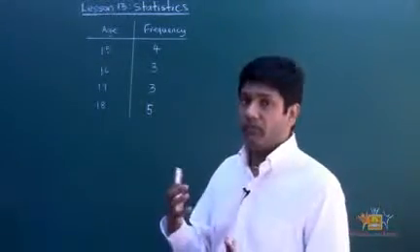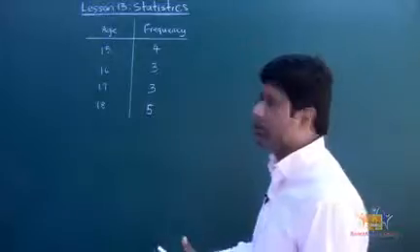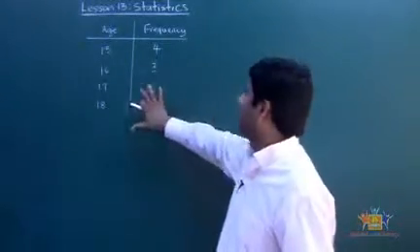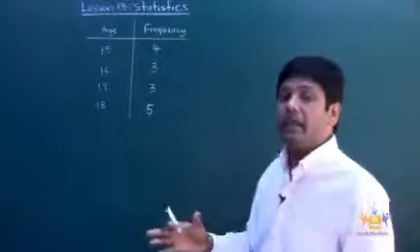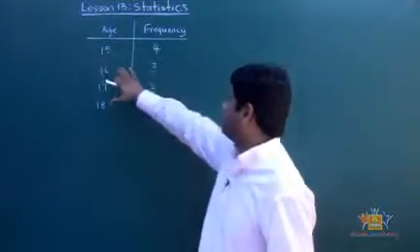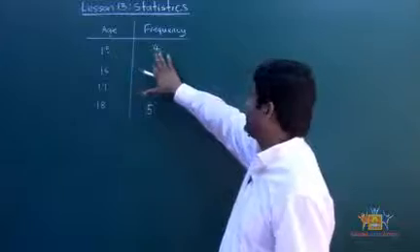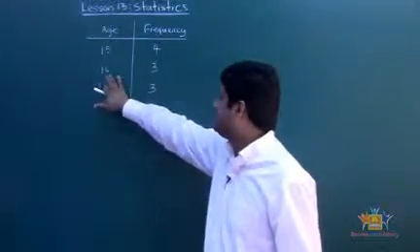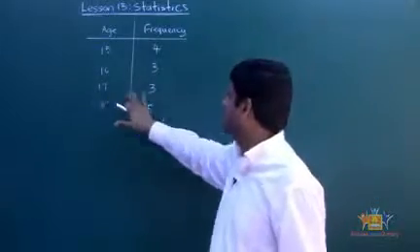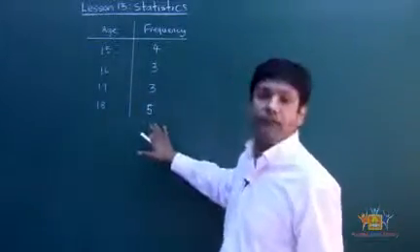Out of those 30 students that we interviewed, 15 of them own handphones, and then we broke that 15 down based on their ages. Of those who are 15 years old, we found 4 of them own handphones, and then 16 years old, 3 of them, 17, 3, 18, 5. See that?